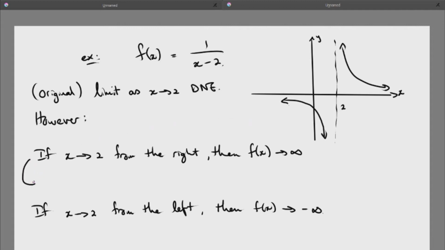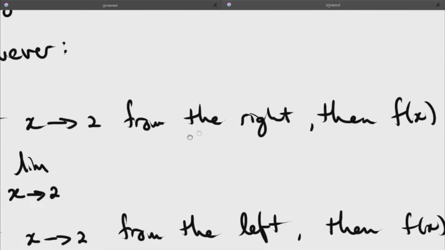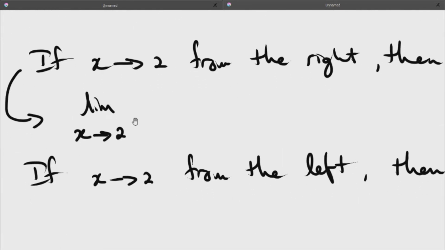Now this sentence we're going to write in limit form. Limit, again, it's behavior. I'm looking at the same thing. But I'm going to refine that with x approaching 2. And then to indicate from the right, I'm going to put a little plus above the 2. And then, of course, my function is over here.